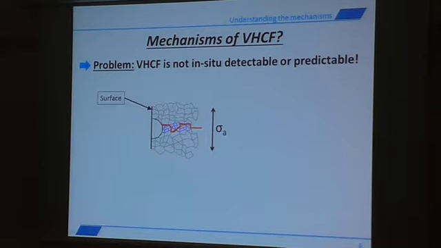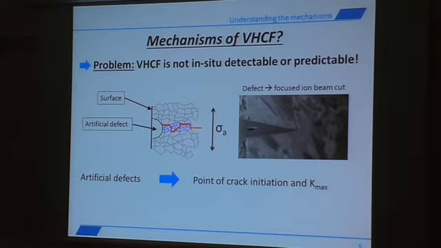So we want to make it observable by putting the failure to the surface. So we insert artificial defects in the surface of our specimens. Here you can see one in the cross-section cut. It's a focused ion beam cut, a V-shaped cut in our material. By inducing these artificial defects, we can define the point of crack initiation, and by the size of the defect and the applied stress, we can also define our stress intensity factor.